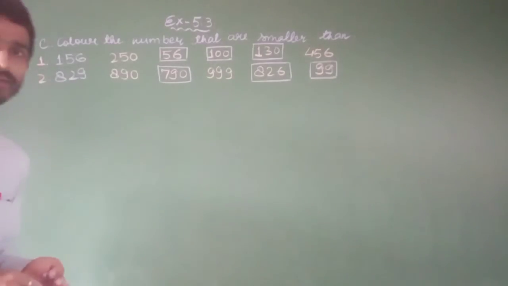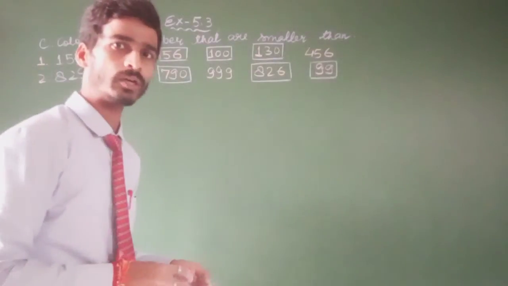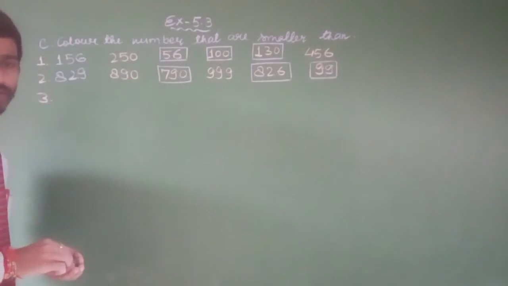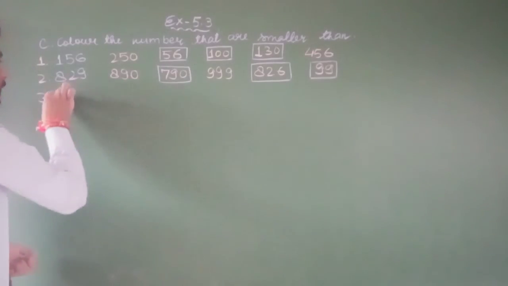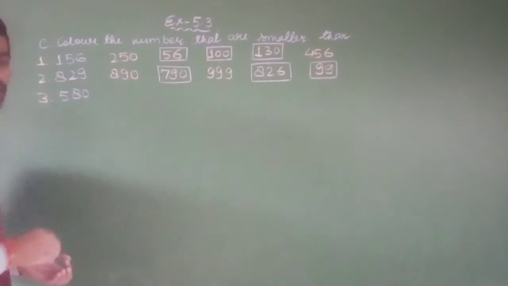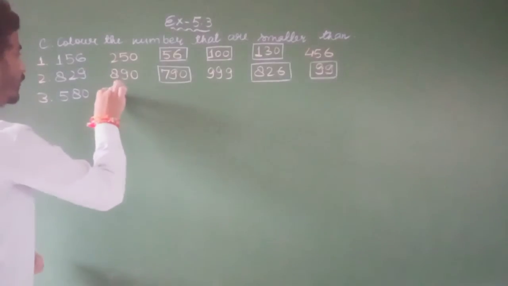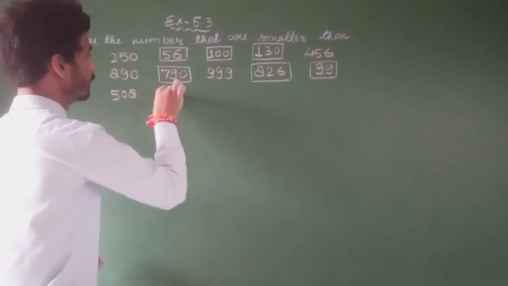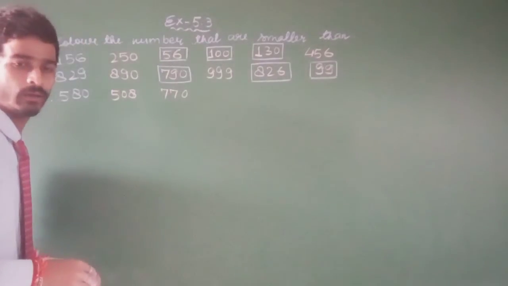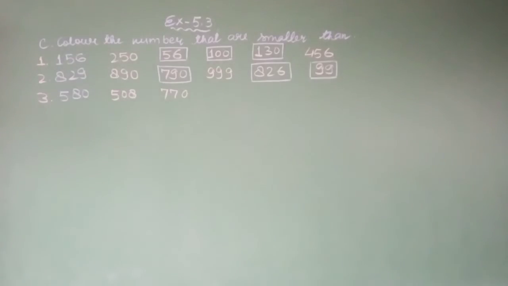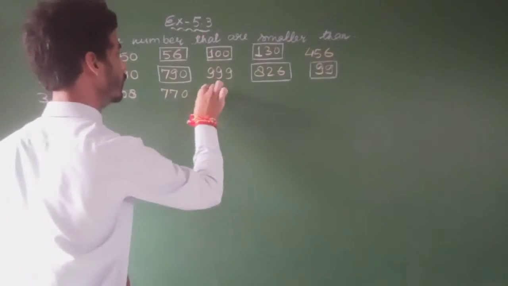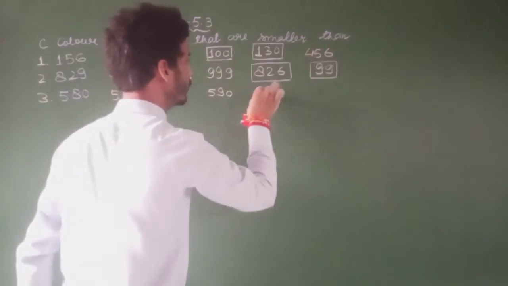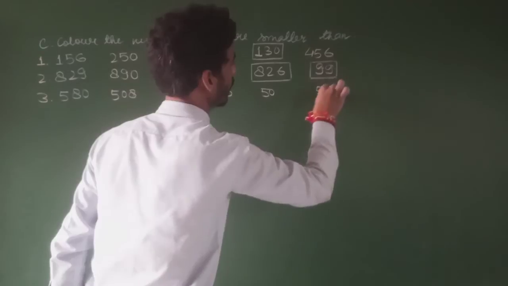The next question, third, is 580. The numbers are 508, 770, 590, 50 and 575.